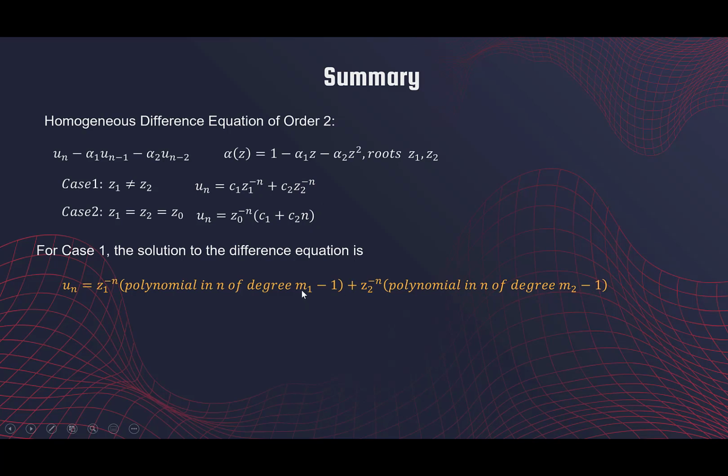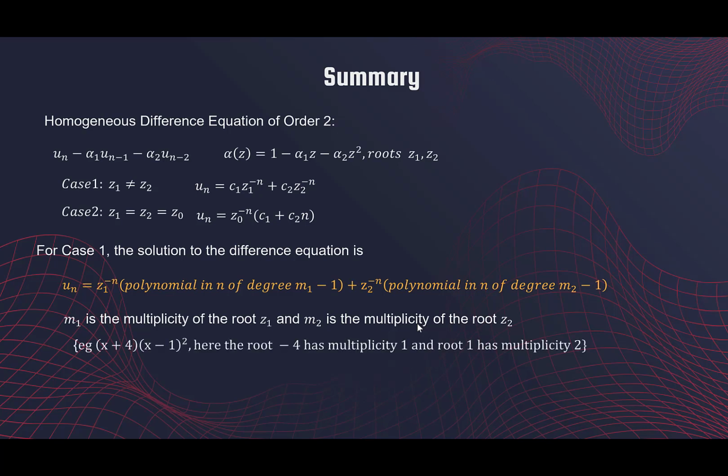So what is m1 and what is m2? So m1 is the multiplicity of the root Z1 and m2 is the multiplicity of the root Z2. So just a quick review of what multiplicity is. If this is the equation you're solving, right, then we know that one root is minus 4 and the other root is plus 1.